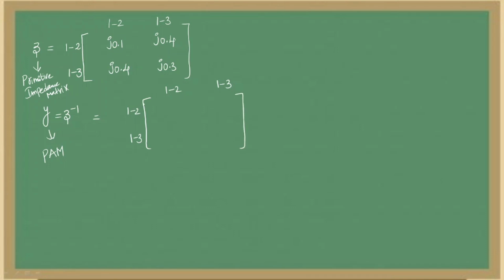So if you find the inverse, you will get this as your answer. 2.3077J, and it is minus 3.0769J, and you will get this as the same value, 3.0769J. And another self admittance is 0.7692J.